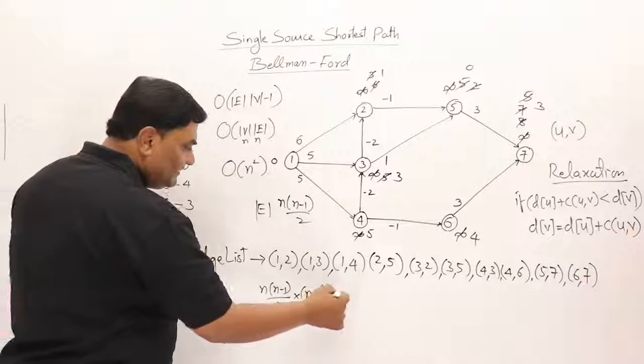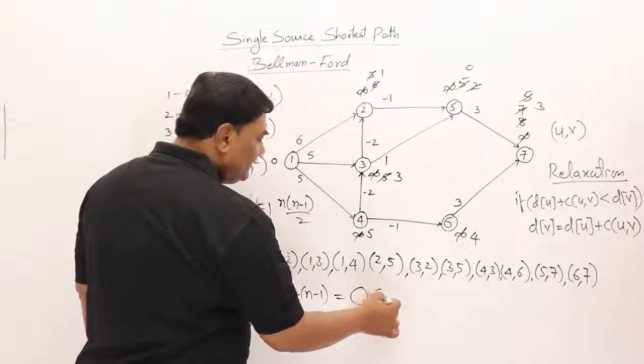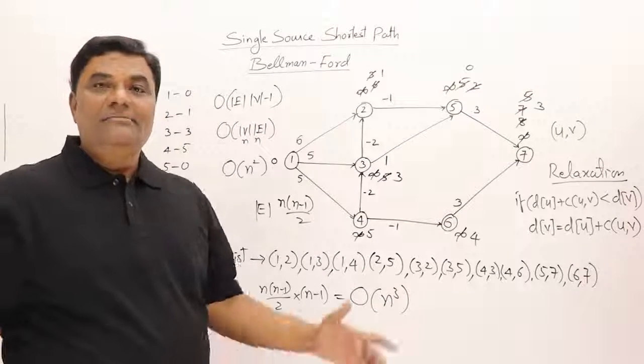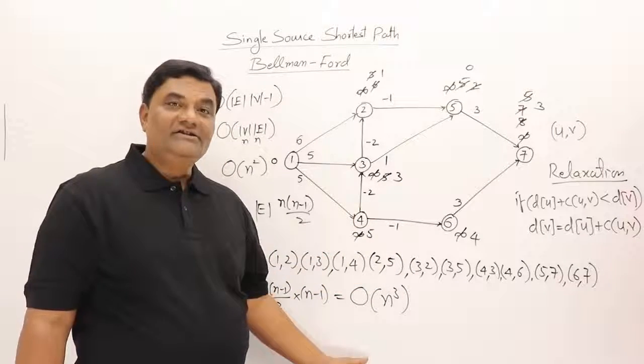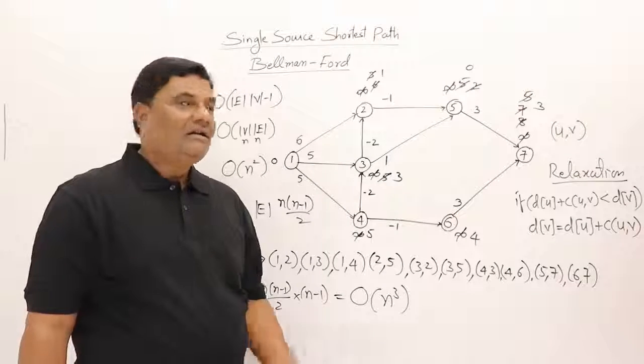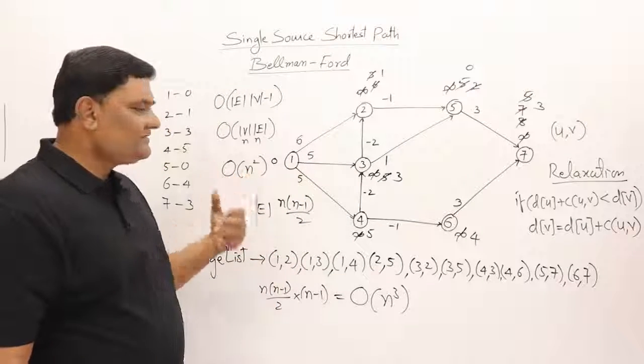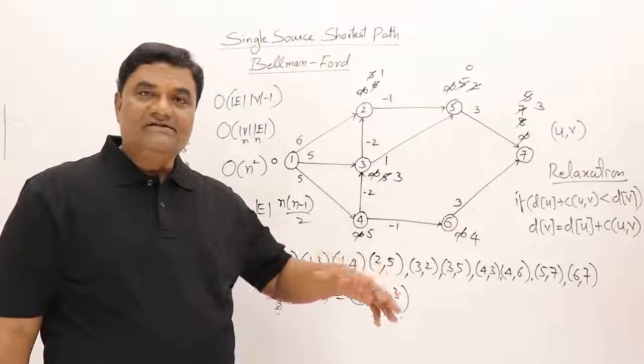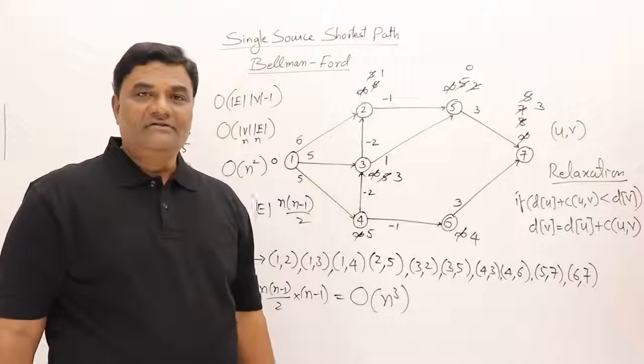If you simplify this, it will be order of n cube. So in case of a complete graph, Bellman-Ford algorithm may take even n cube time. Otherwise, minimum time it takes is n square, and at most it may take n cube time, if the graph is complete.